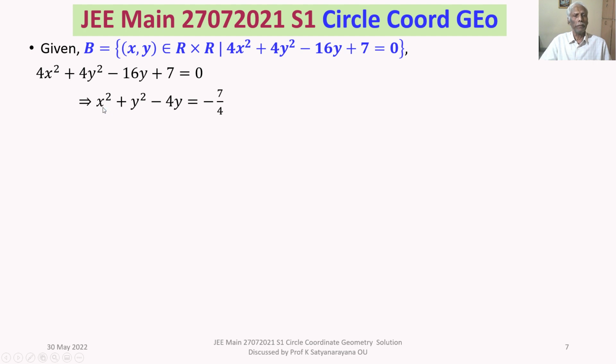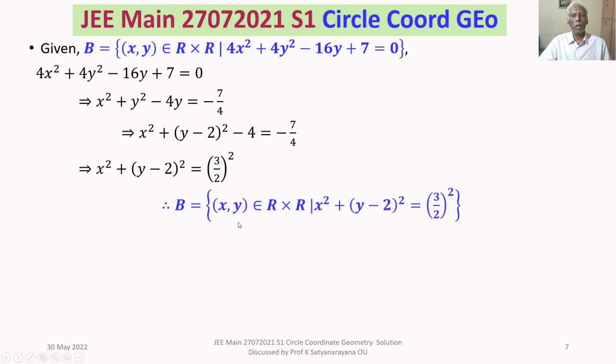What we get is x² + (y − 2)² − 4 = −7/4, and send this 4 to the other side. We get x² + (y − 2)² = 9/4, that is (3/2)². So B is the set of all those ordered pairs (x, y) belonging to R cross R which satisfy x² + (y − 2)² = (3/2)².